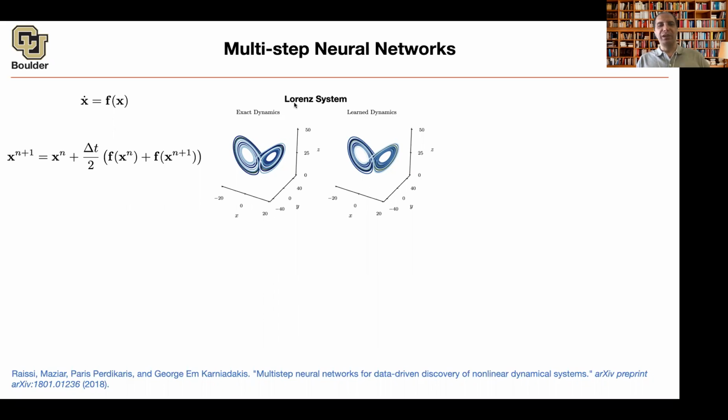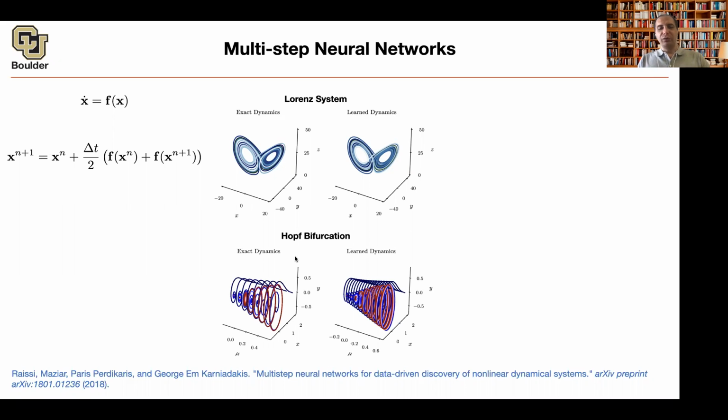For instance, for the Lorenz system, again, it's a chaotic system, so there is no hope for you to get every single trajectory correct, but you can get the big picture correct, like attractors. Or you can do Hopf bifurcation, where you have no dynamics on mu. You have only dynamics on x and y.